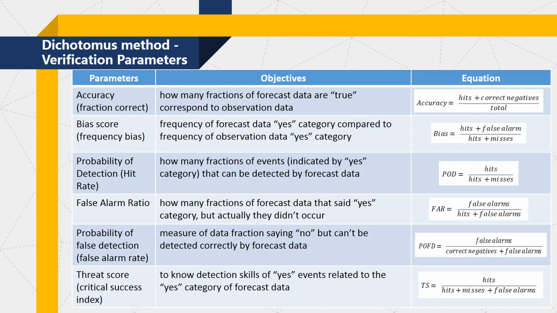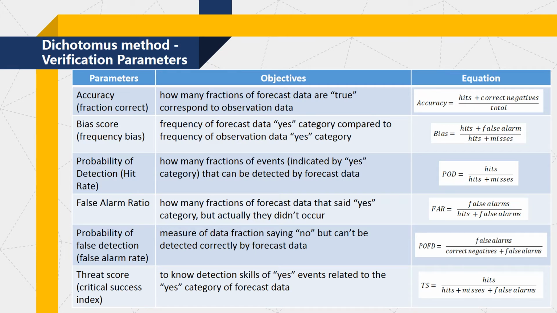And then POD is about what fraction of events indicated by the yes category can be detected by forecast data. The false alarm ratio is about what fraction of forecast data that say yes category actually didn't occur.